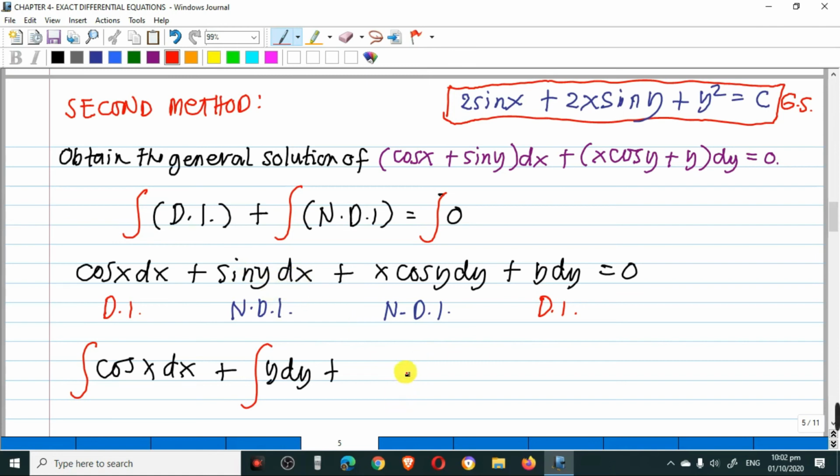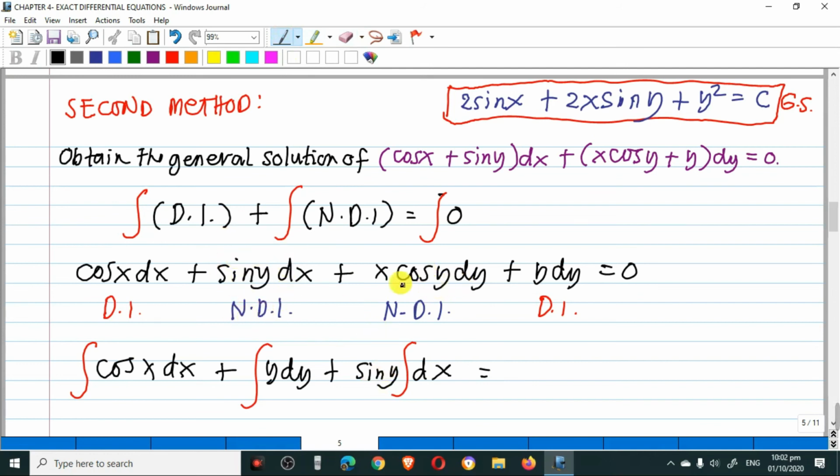So, the integral of sine y dx. Sorry, this is sine of y, I will write it again. This is sine of y dx, ito yung napili ko.